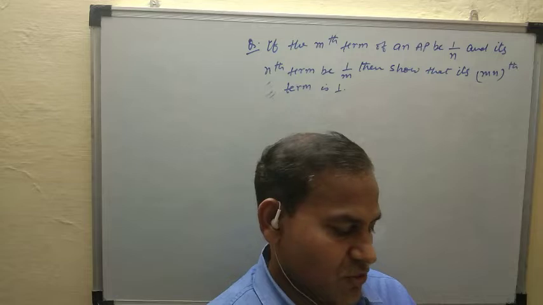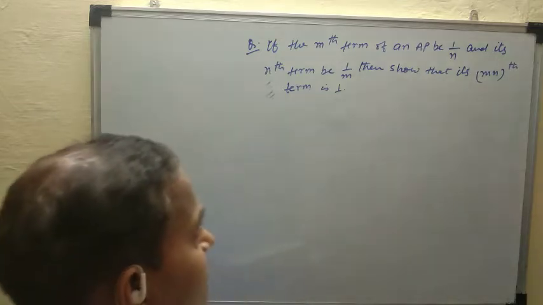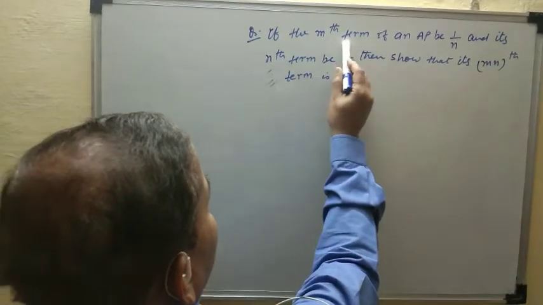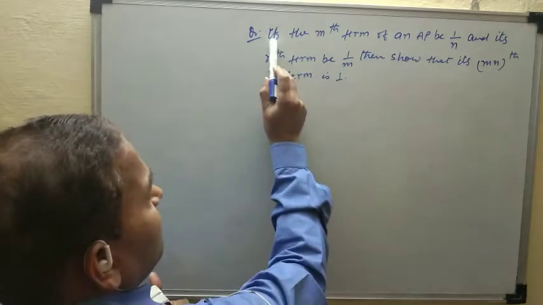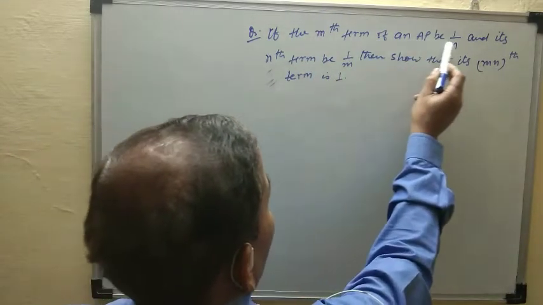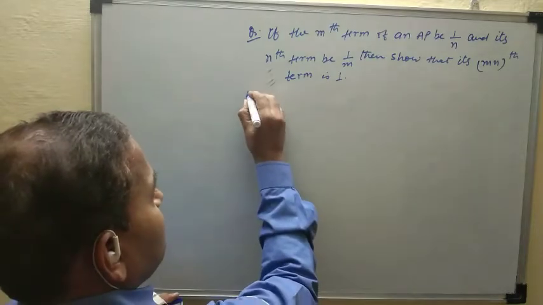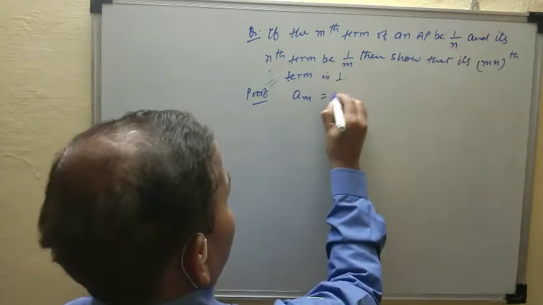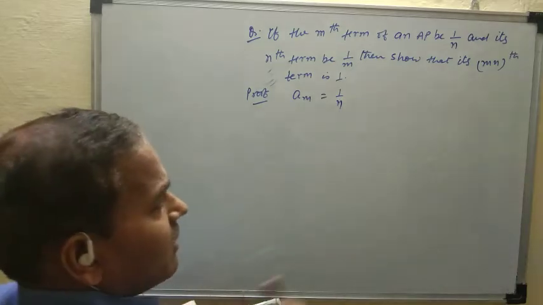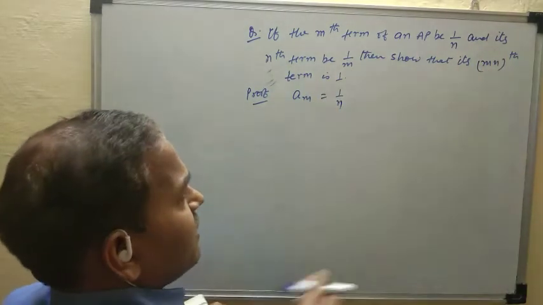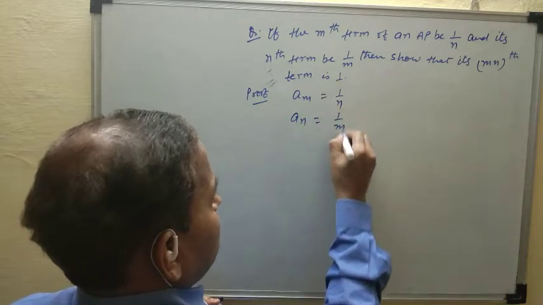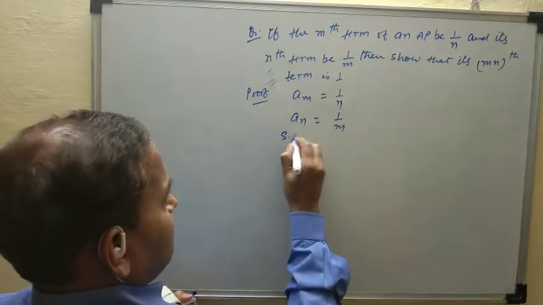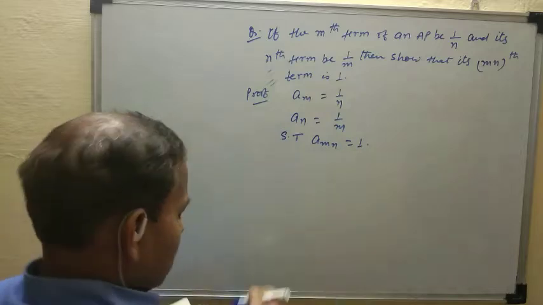Now start a question from R.S. Agarwal. So the question is: if the mth term of an AP is 1 by n, that is am is 1 by n, and its nth term is 1 by m, that is an is equal to 1 by m, then show that its mnth term is 1, that is, a mn is equal to 1.